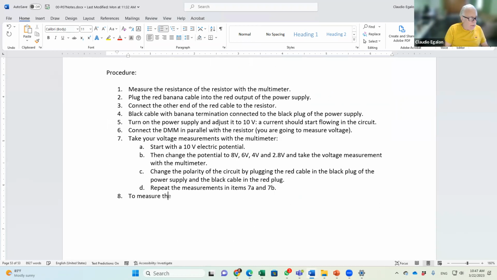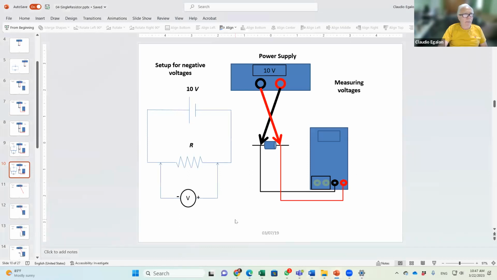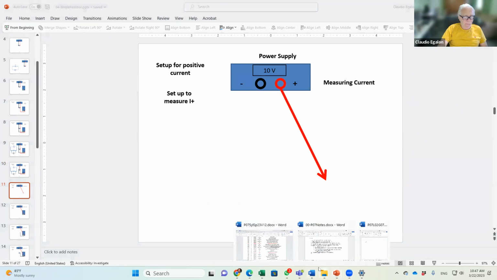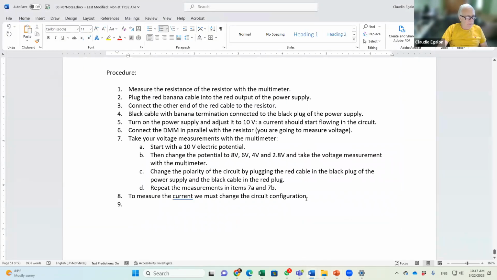To measure the current, we must change the circuit configuration. Okay, and how do we do that? It's spelled out here in our diagram. We start with the power supply, red cable in the red plug of the power supply, starting from scratch, right?